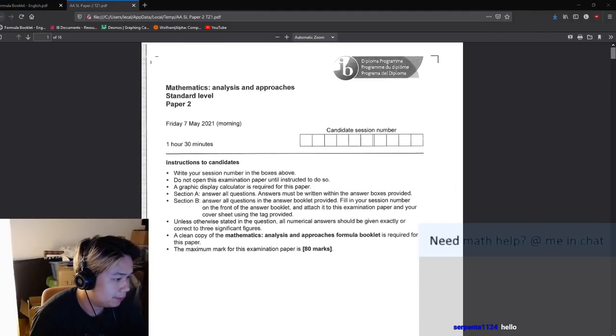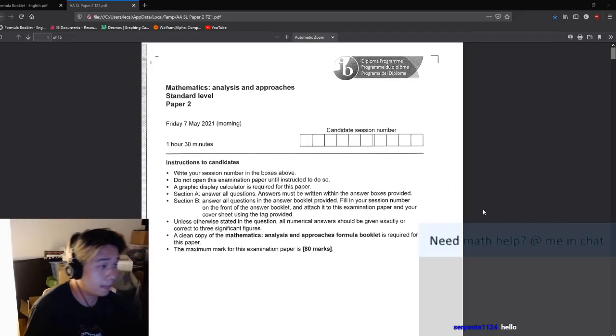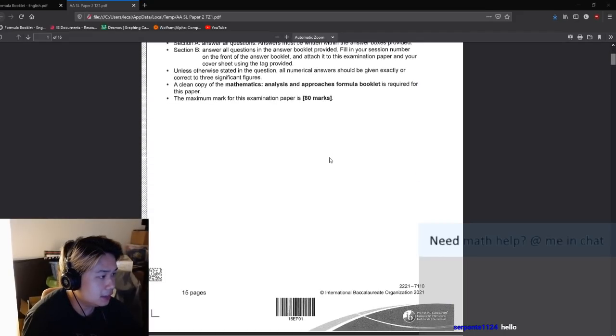Okay, here we go. So Time Zone 1, Paper 2. Still possibly waiting on someone to provide me with Time Zone 2s. And I'm gonna try to finish this as fast as I can because, like I said, I'm pretty busy with unpacking stuff.